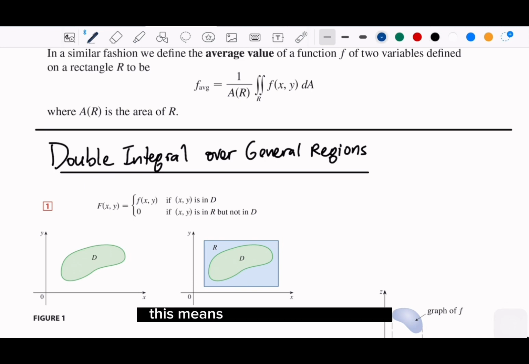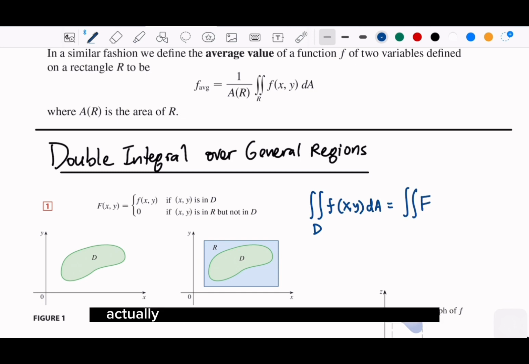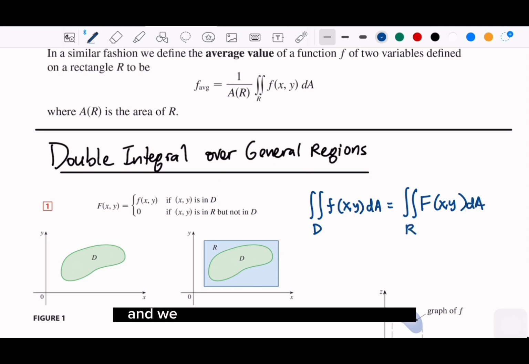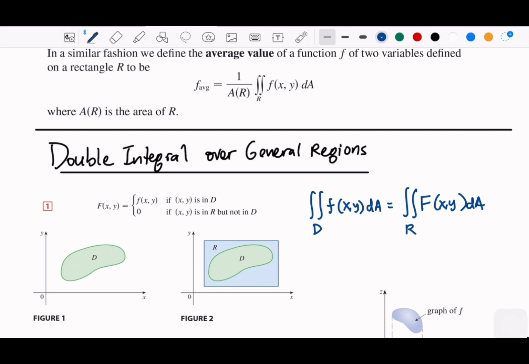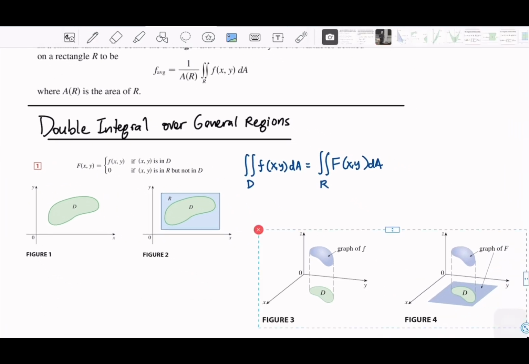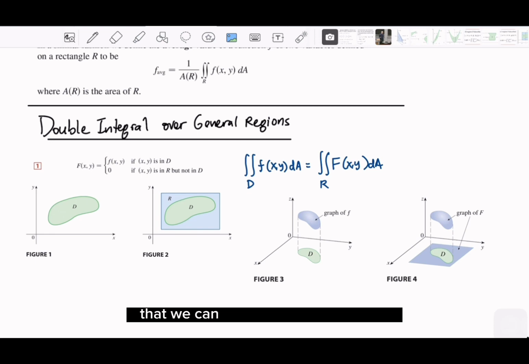This means that if we take the integral over D of such a function, it will be equal to the capital F, which is the same function extended over R, dA, and we simply change to R. If we take the graph here, we can make any region, but we simply take the box here and define it with these definitions.